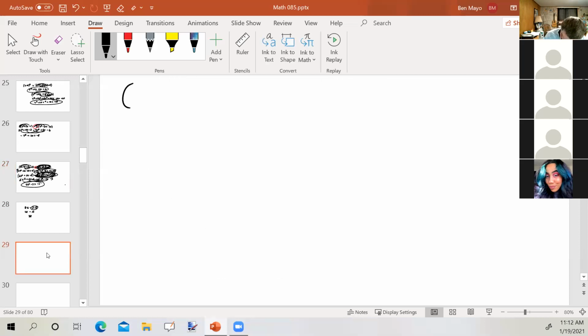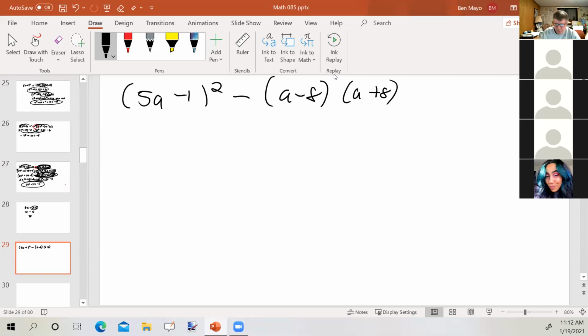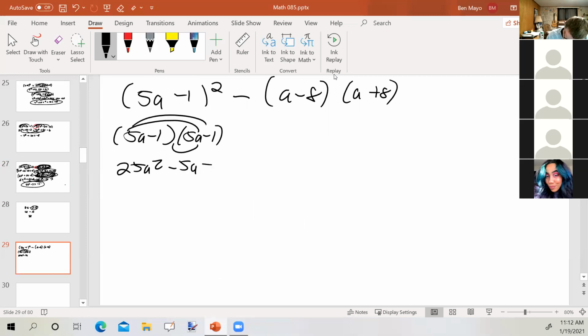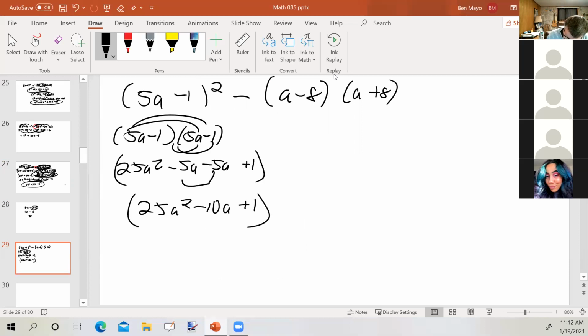Let's say I've got this 5a minus 1, the quantity squared, minus the quantity a minus 8 times a plus 8. So first of all, I'm going to take the 5a minus 1 and expand it, okay, and multiply it. 25a squared minus 5a minus 5a plus 1, combining like terms, 25a squared minus 10a plus 1, okay?